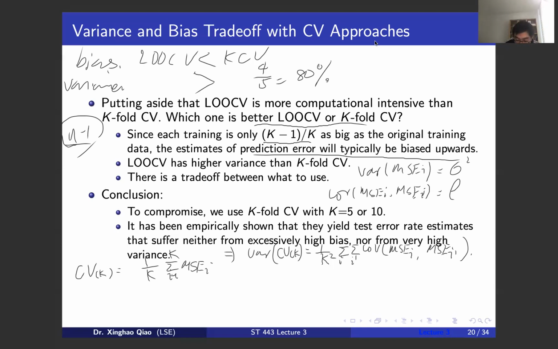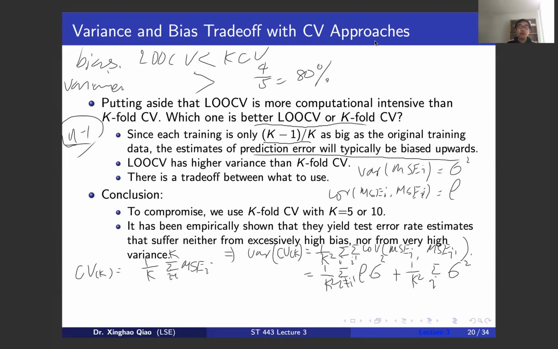Then this part becomes 1/K squared times, for i not equal to i prime, the covariance, which is rho times the variance of each term, that is rho times sigma squared. And then you add 1/K squared times the sum over the variance terms, which will just be sigma squared.